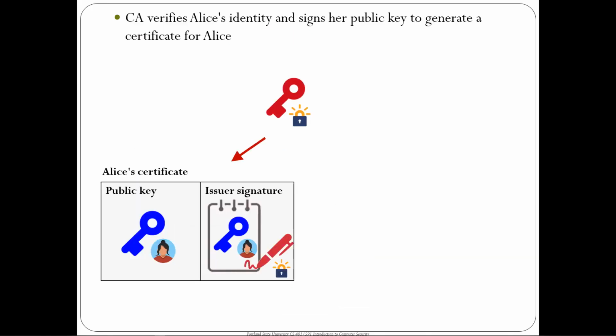So when the CA, say Alice and Bob are sites that want to communicate with each other, and they want to do this authentically. The certificate authority is in charge of verifying identities of people who want to be trusted and using their private key to sign the certificate of that entity.